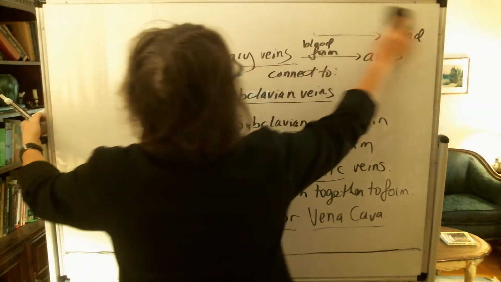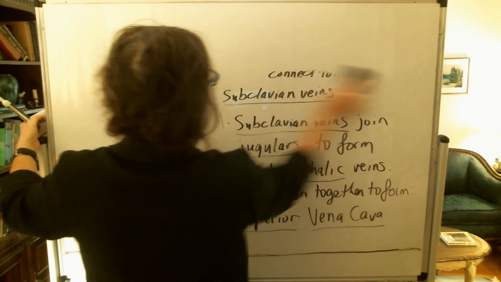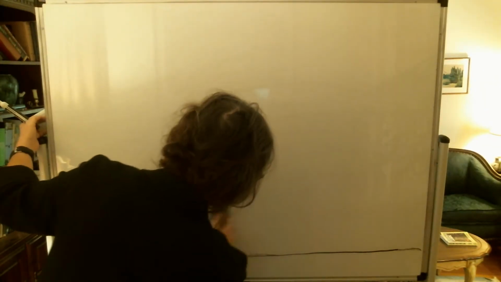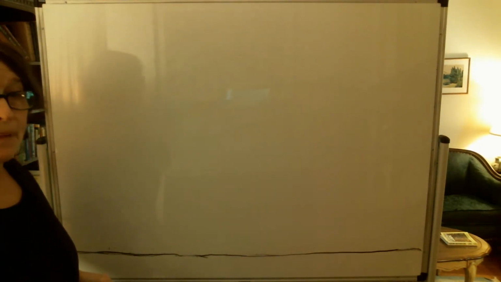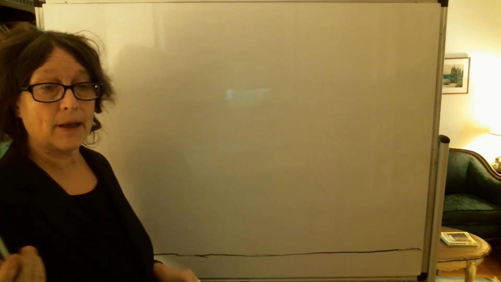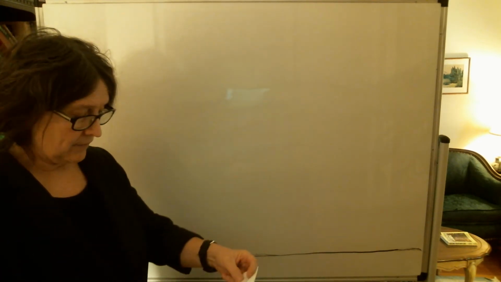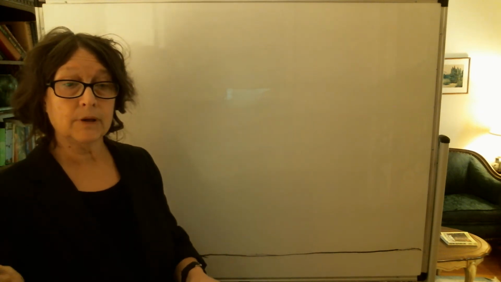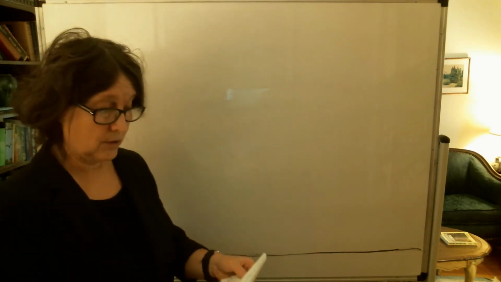Now I think I'm going to use the whole board for the next part. So now, starting from the bottom, we're going to be talking about how we wind up then having the inferior vena cava being formed and what happens as it goes up.